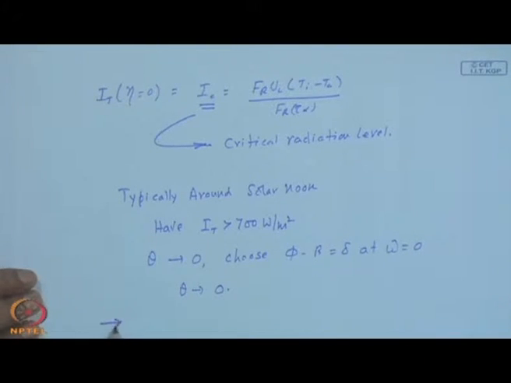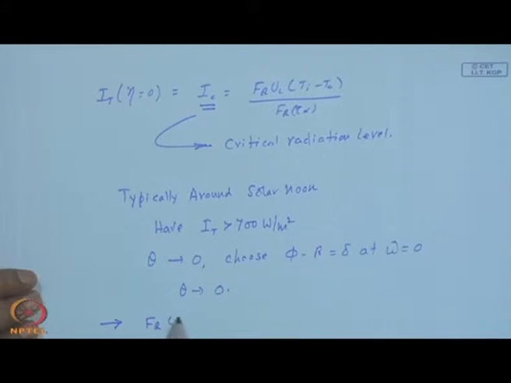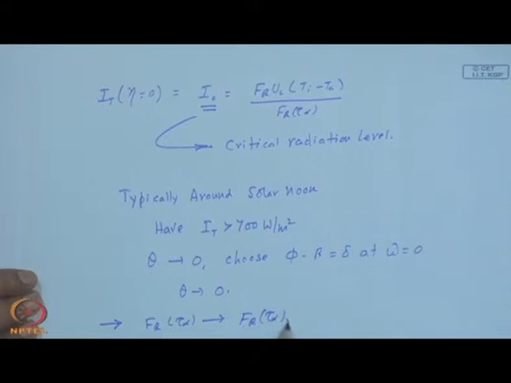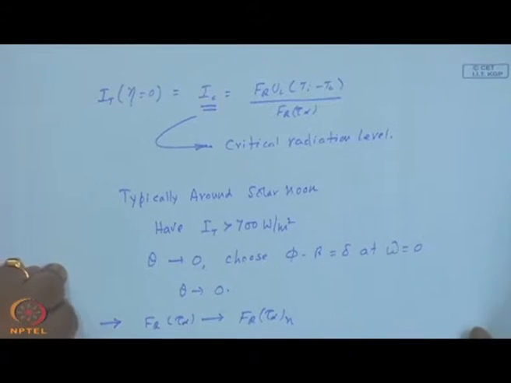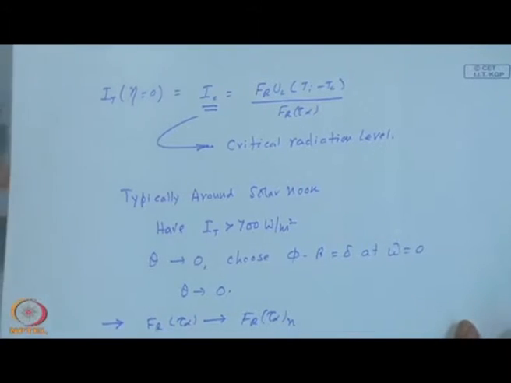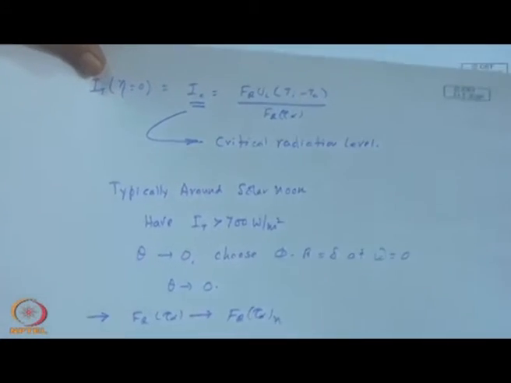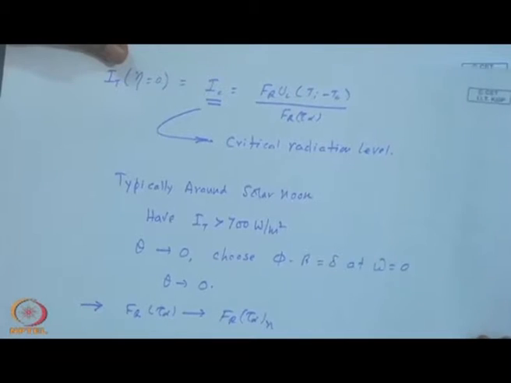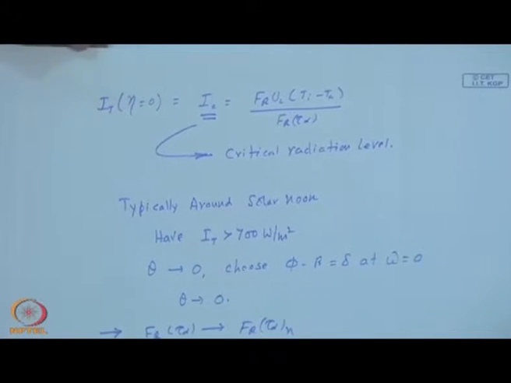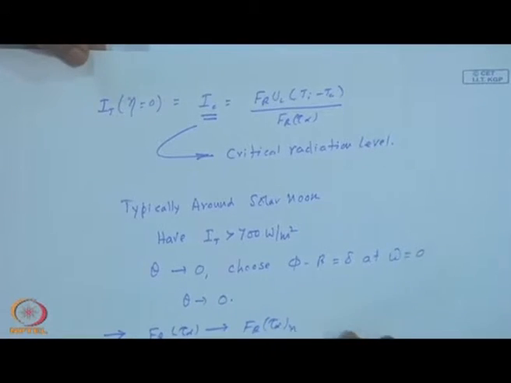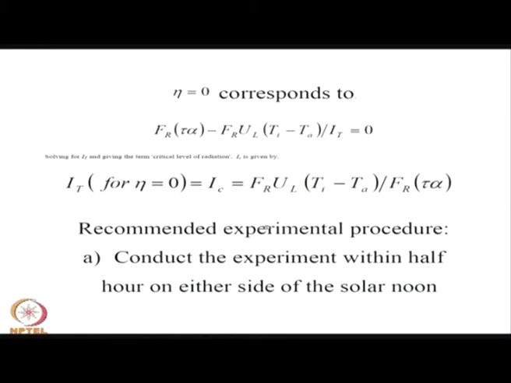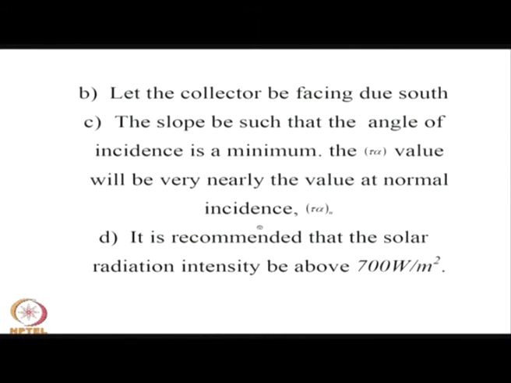This will ensure that F_R tau alpha will give you F_R tau alpha normal. So, this is the basic parameter which depends upon the material properties, which can be obtained by conducting the experiment around solar noon with a high intensity level and keeping the angle of incidence close to 0, that means normal to the sun's rays, which can be obtained around solar noon with phi minus beta equal to delta, which we will see a little later when we talk about tracking collectors.